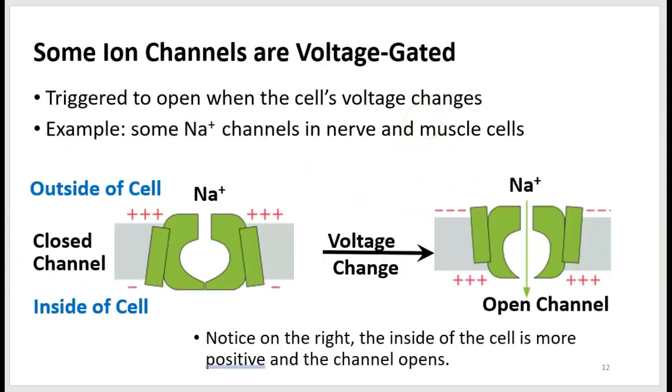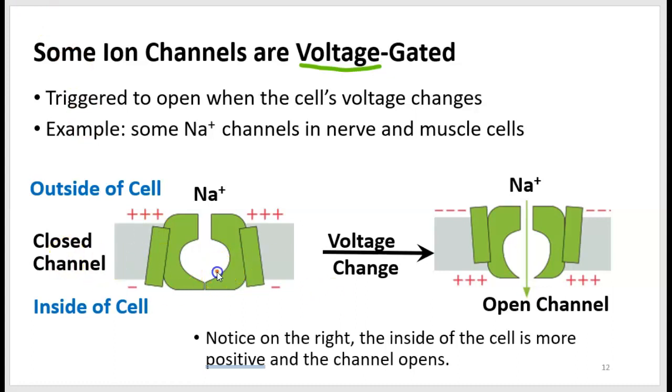Another way that ion channels can be opened or closed or gated is through charge or voltage. So when the cell's voltage changes, a channel might open. So I need a different color here. Let's use orange.